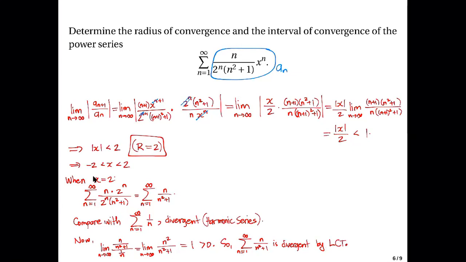Now let's look at the other endpoint when x equals -2. So let me go to the next screen. When x equals -2, we now have the series n times -2 to the n over 2 to the n times n squared plus 1, from 1 up to plus infinity.